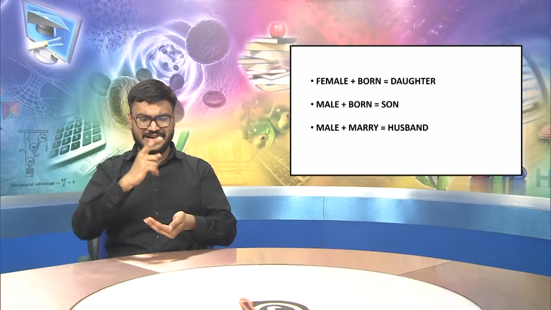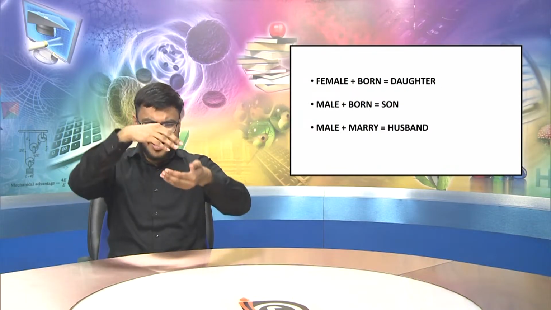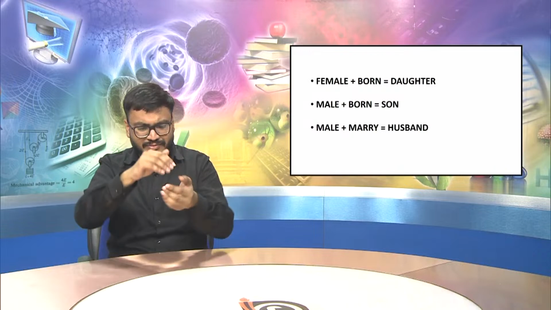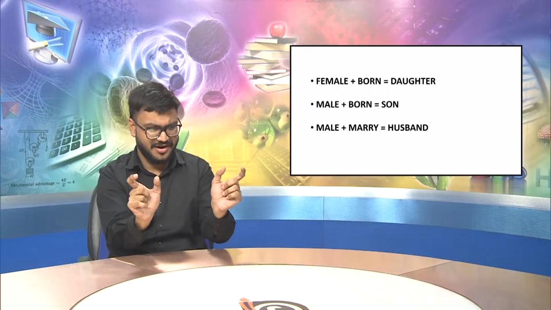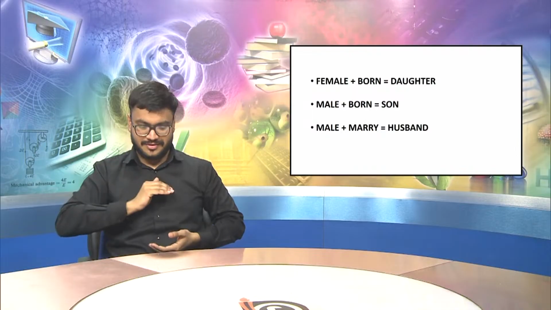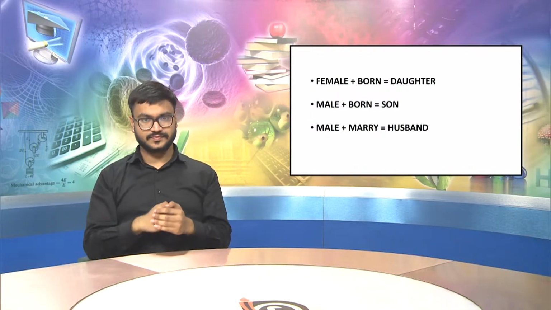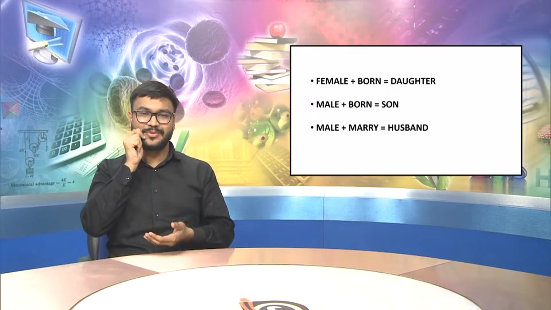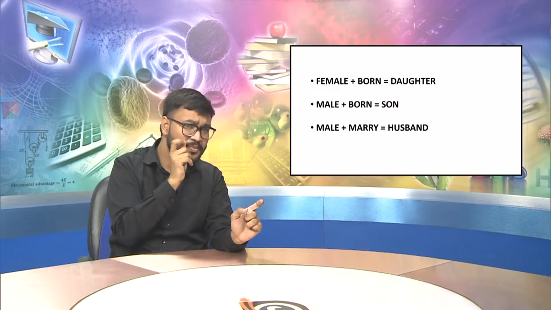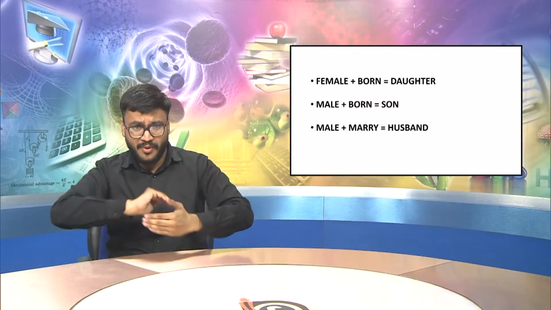Next, same as for daughter, the first sign will be female and the second sign will be born. Next, for son, the first sign will be male and the second sign will be born.